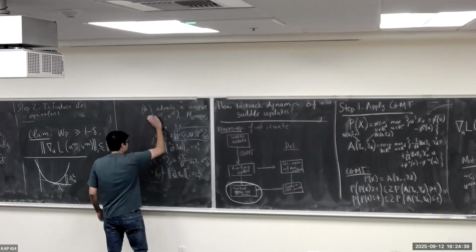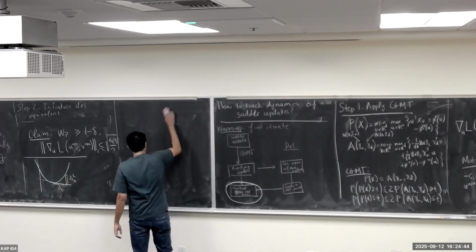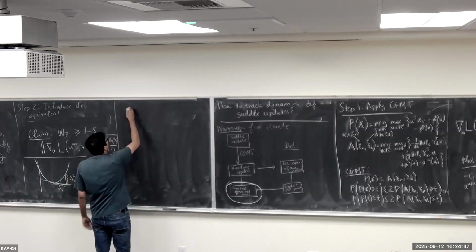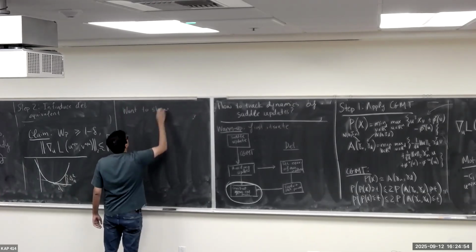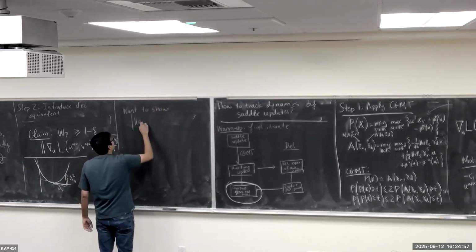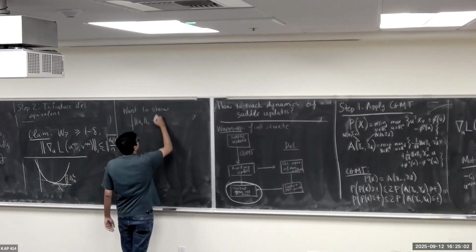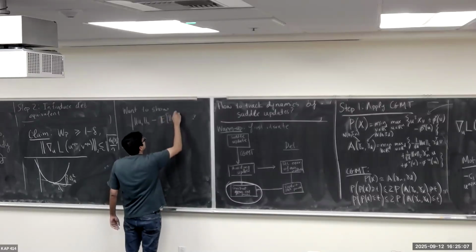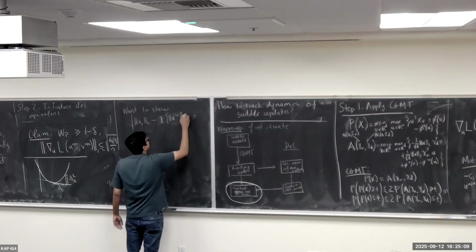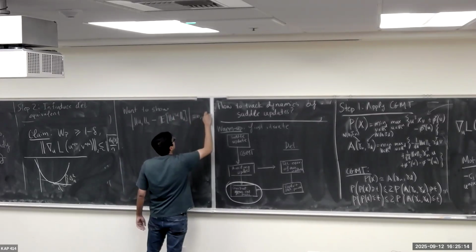Okay. So in particular, we're interested in the event, so we want to show, let's say, that the norm of this U value minus this thing, and we want to show that this is small.